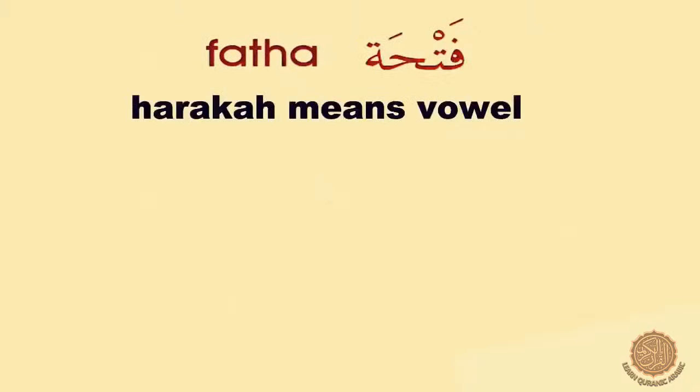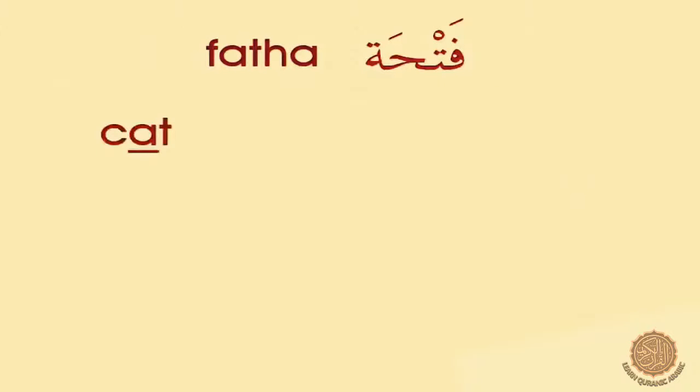So we have the first harakat, which is Fatha. Now, for example, when we say the word cat, notice the A sound. Cat. That's the same sound of a Fatha.